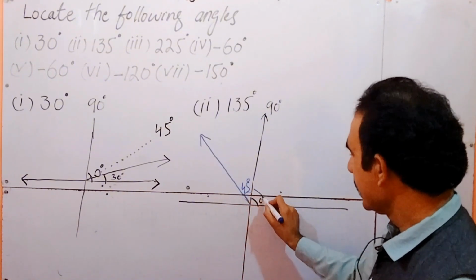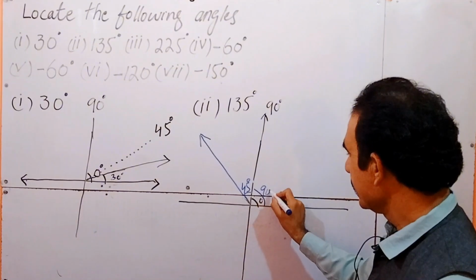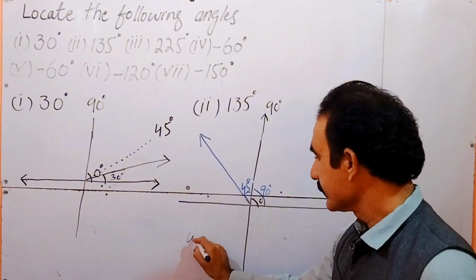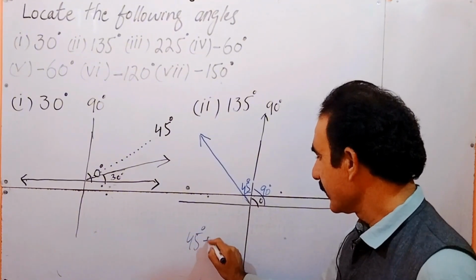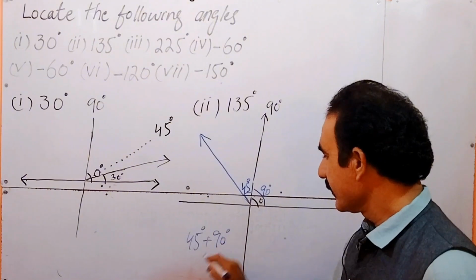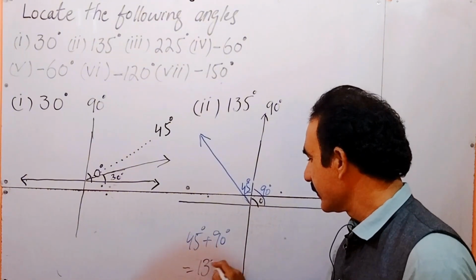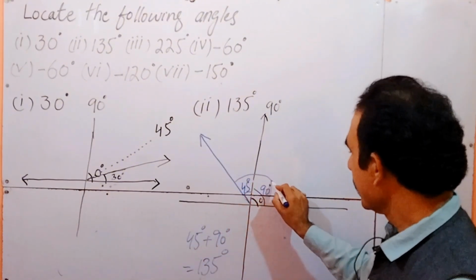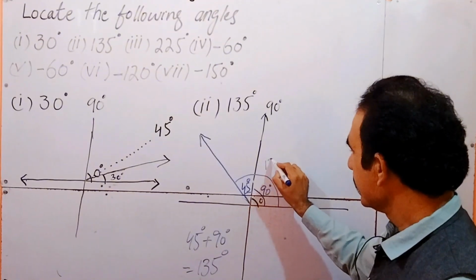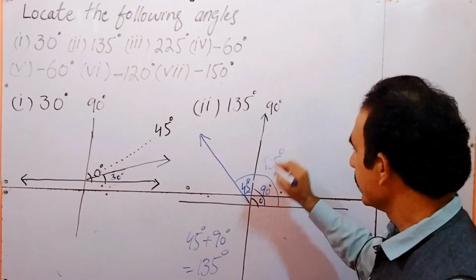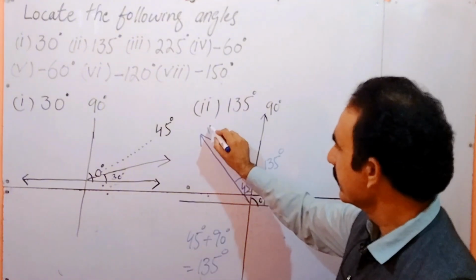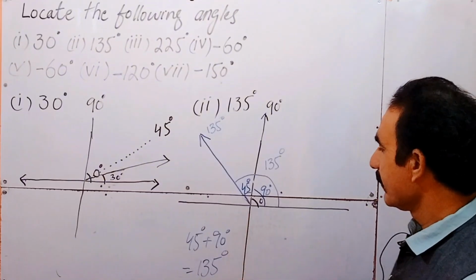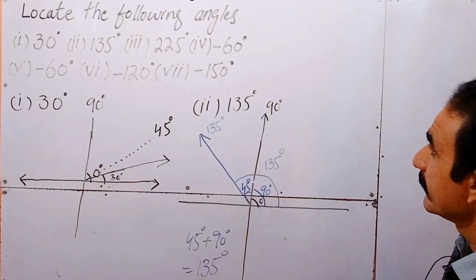And from here that is angle of 90. 90 plus 45. 45 angle plus 90 angle, it becomes 135 angle. It means our total angle is 135. That is angle of 135.